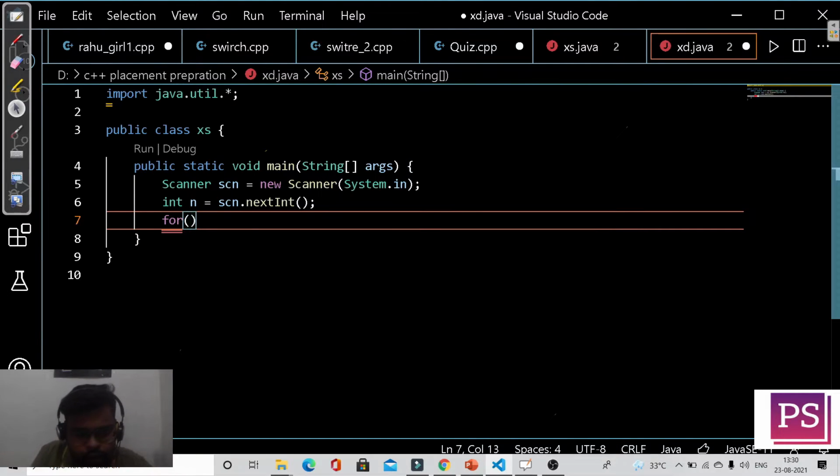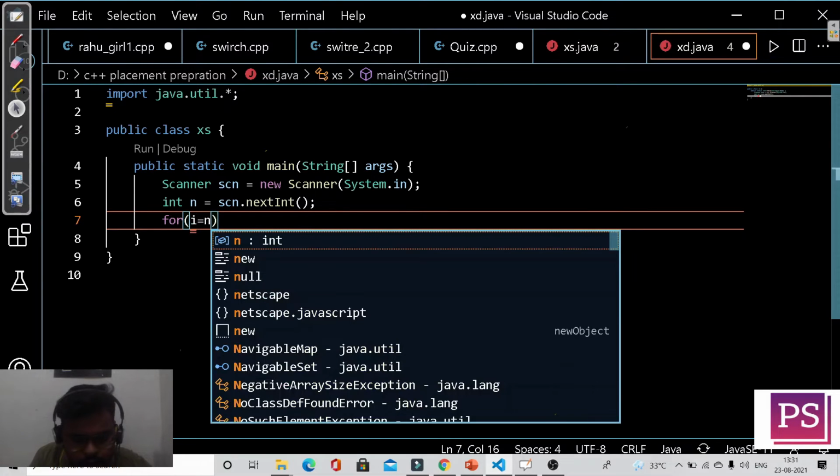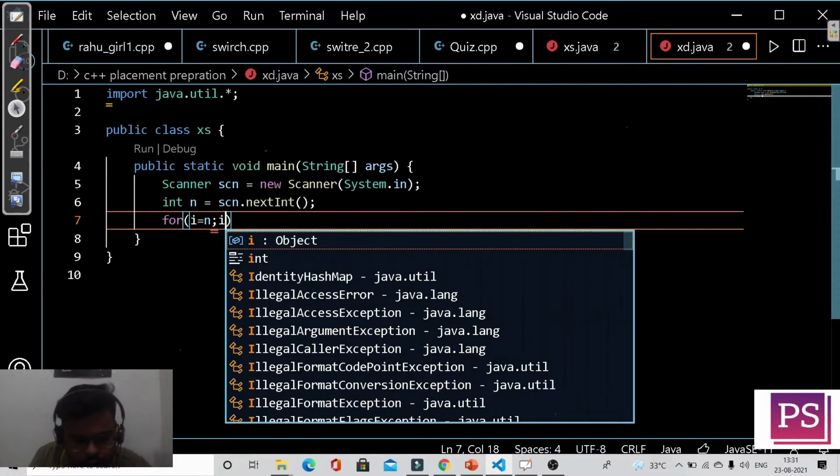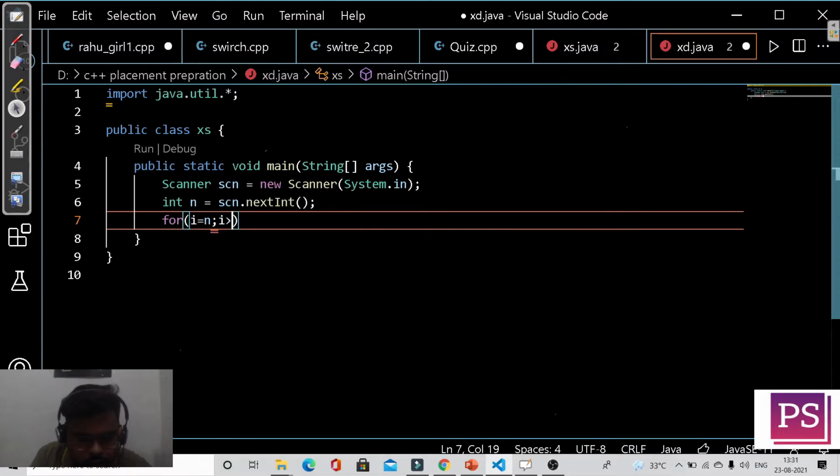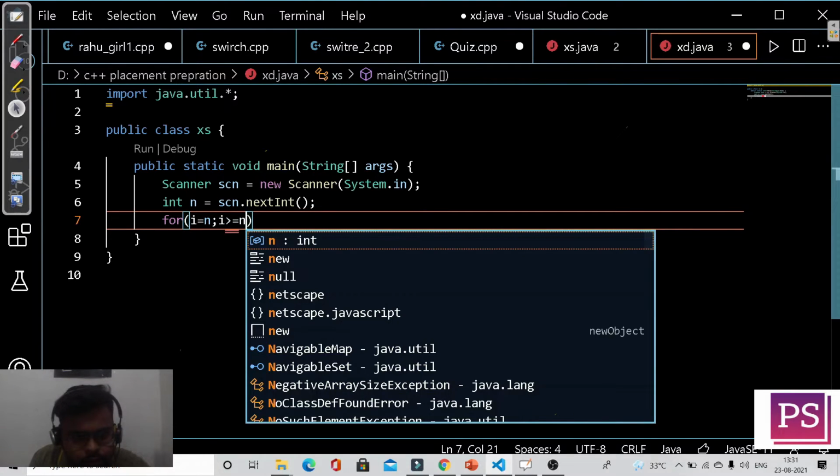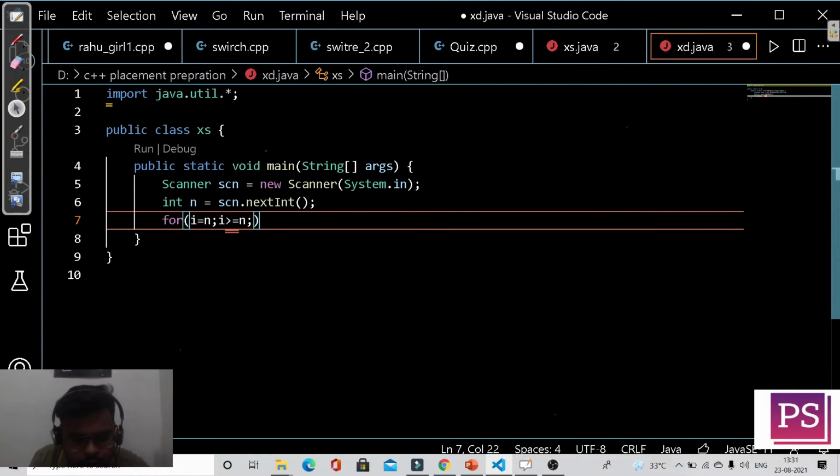So first, for i, we will execute our loop: for i equals n, i less than or equal to n, i minus minus. This is our first loop.